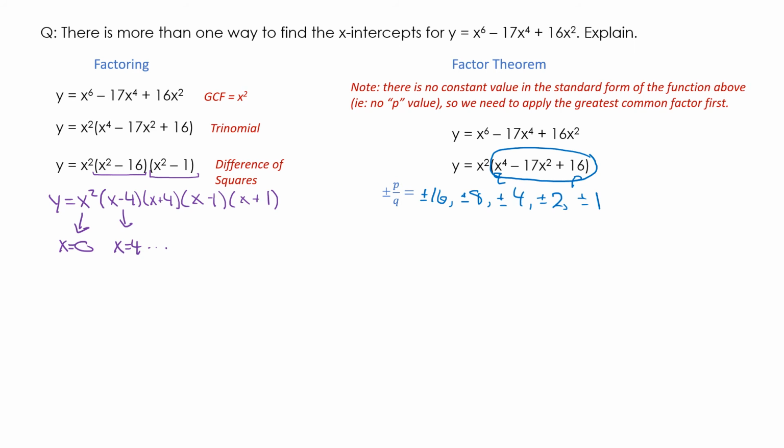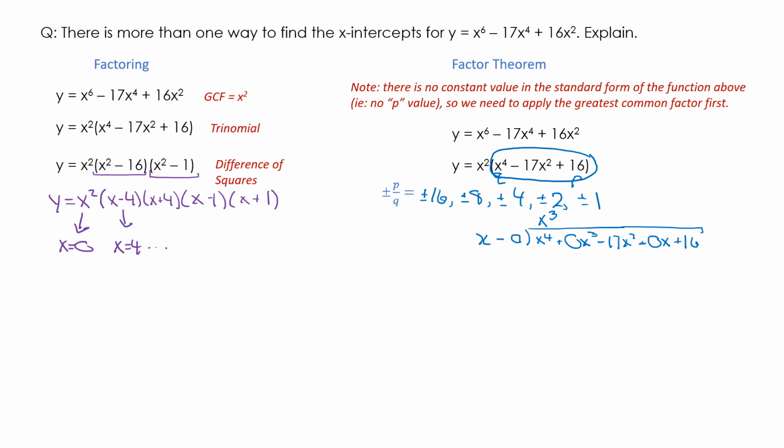So when I divide anything, x minus whatever I get for a here, into x to the power of 4, I need 0 placeholders, so let me throw those in there: x cubed minus 17x squared, and I need a placeholder for this single x, and 16. Once I do all the division, I'm still going to have an x to the power of 3 up here. I'm going to have to do it all again.